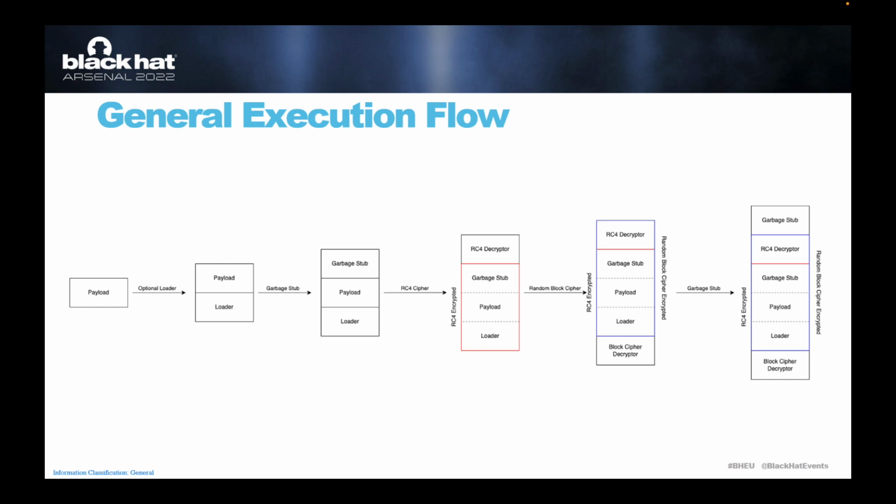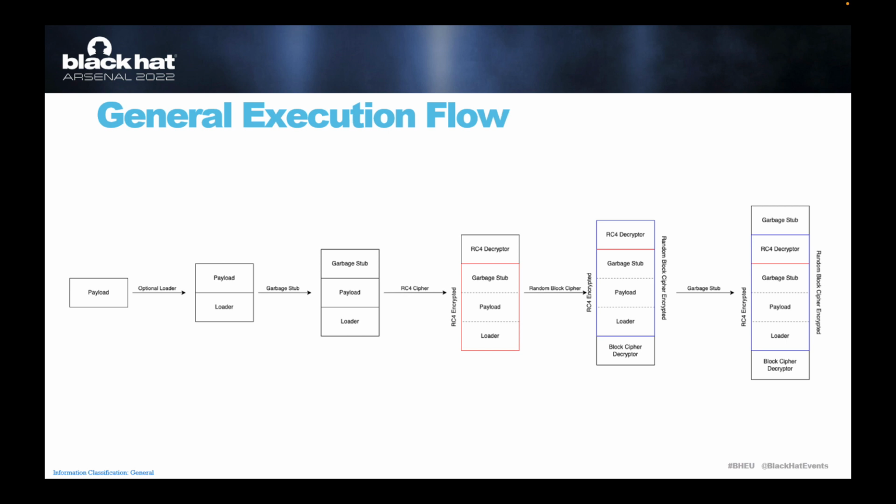After all these technical details, the generic execution flow for an input file is this. By default, Shoggoth first combines the precompiled loader shellcode, according to the chosen mode, and the input file. It then adds multiple garbage instructions to this new payload. The stub which contains the loader, garbage instructions, and the payload is encrypted first with RC4 encryption and then with randomly generated block encryption by combining the corresponding decryptors.